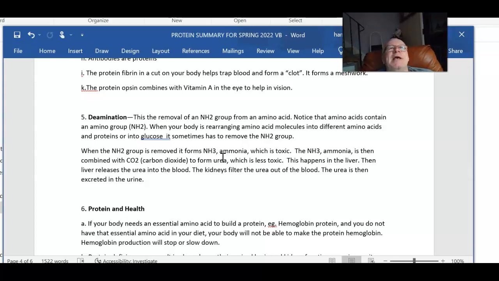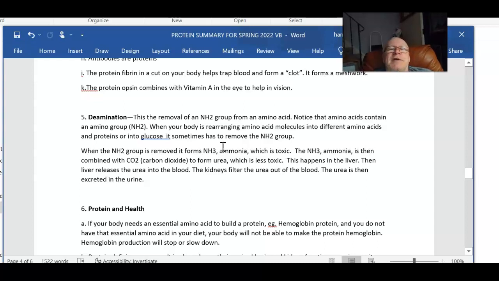It can deaminate another amino acid like alanine. Then it can take that NH2 and put it on another molecule that doesn't have an amino group on it and convert that other molecule into glycine, the amino acid that your body needs.